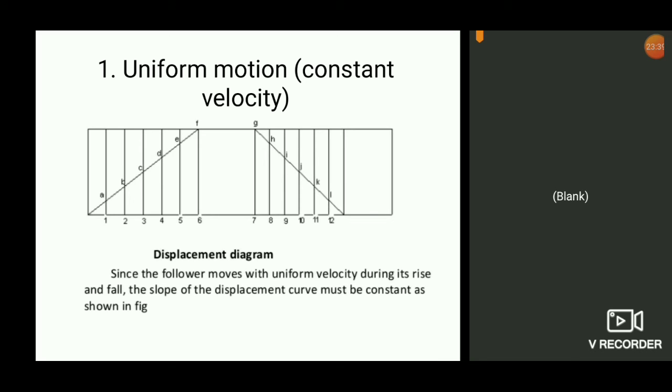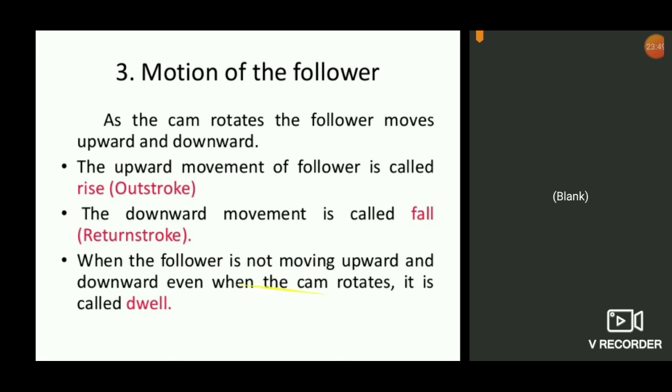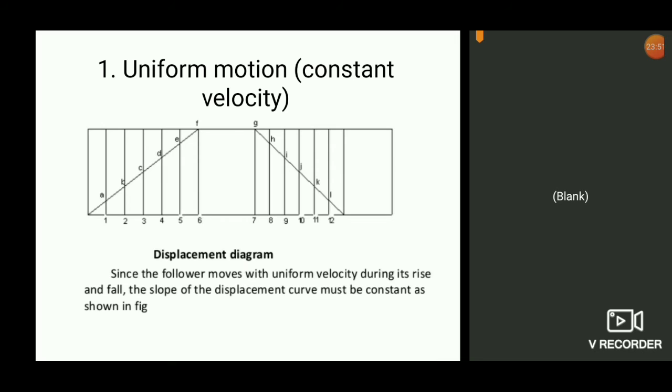Then the question will tell us about the remaining period, which will be dwell, because there is no rise or fall. So like that you can have the displacement diagram, and based on this diagram we will draw the cam profile. Uniform velocity motion means it is uniformly rising, reaches the dwell period, and uniformly falls down. That is the uniform motion.